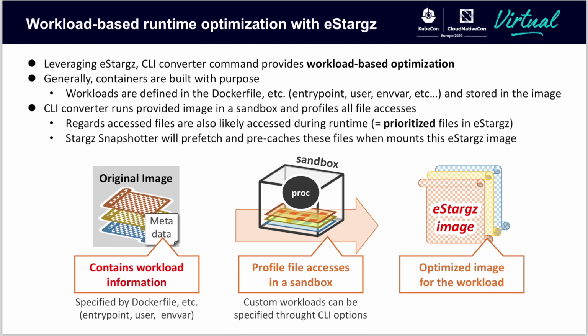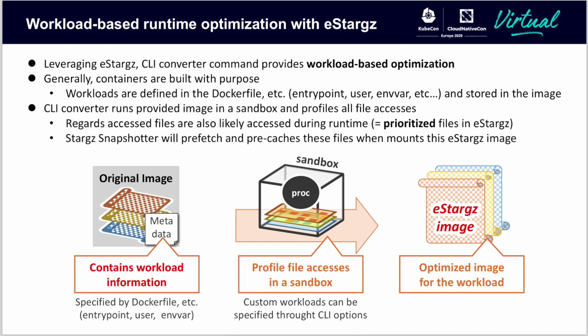The CLI converter runs the provided image in a sandboxed environment and profiles all file accesses, and it regards these accessed files as also likely accessed during runtime. So these files are prioritized files in the eStargz, and Stargz Snapshotter will prefetch and precache these files when it mounts this eStargz image.